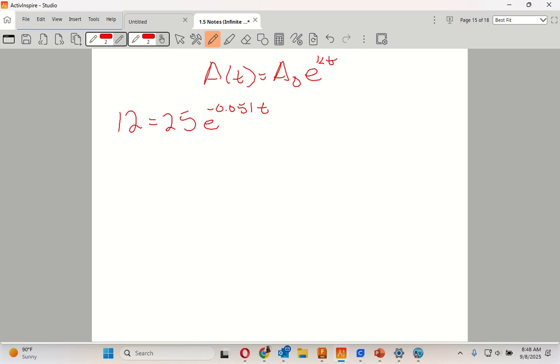So every time you do one of these, you should only have one variable left when we're solving. All right, do a little math. I get, divide both sides, right?